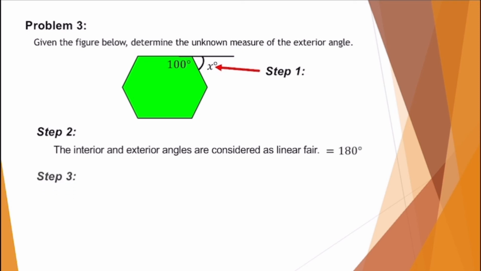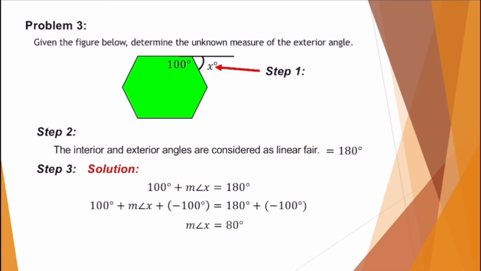And for our step 3, for our solution, by the definition of linear pair, 100 degrees plus the degree measure of angle x is equal to 180 degrees. And by the addition property of equality, we have 100 degrees plus the degree measure of angle x plus negative 100 degrees is equal to 180 degrees plus negative 100 degrees.